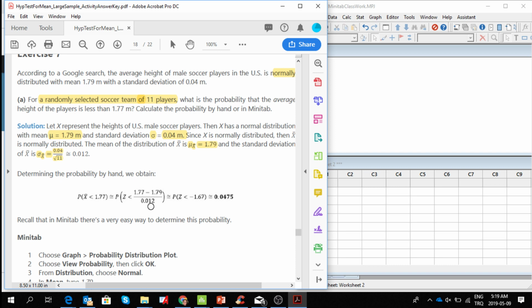This is mu X bar, this is sigma X bar, and this is equivalent to the probability Z strictly less than negative 1.67. So we go to the Z table and we get that this is equal to 0.0475.